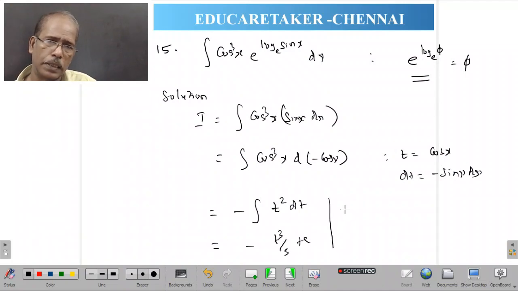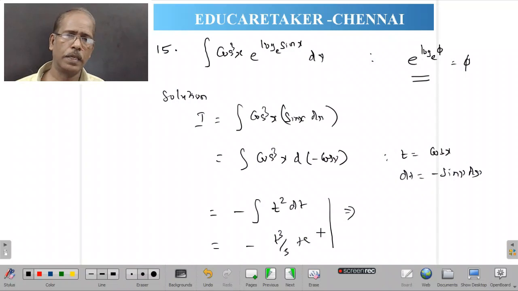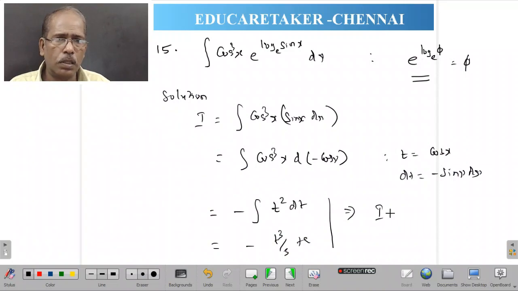The final answer, as we discussed every time, should be in terms of the given variable x, a function of x. So I equal to minus 1 by 3, and t is cos x, cos cube x.